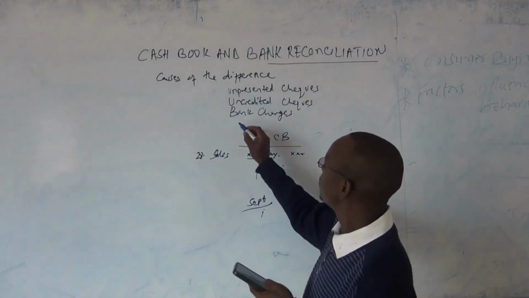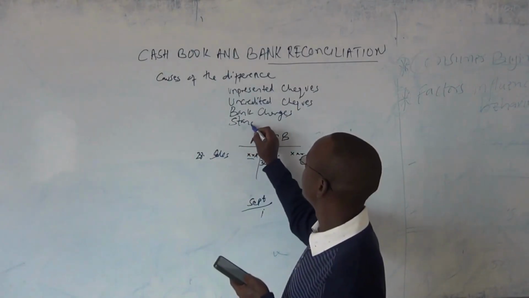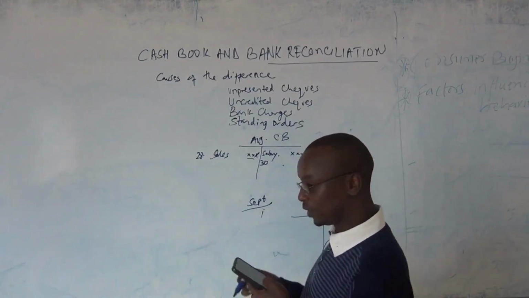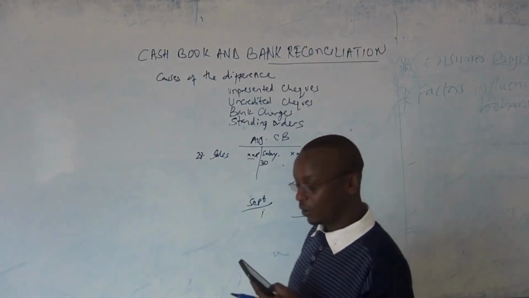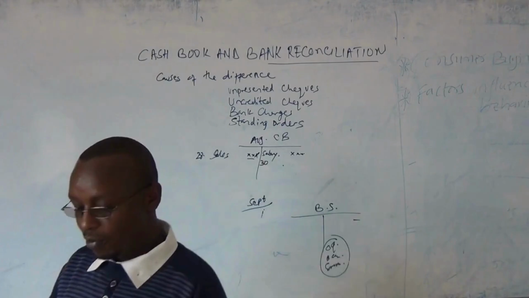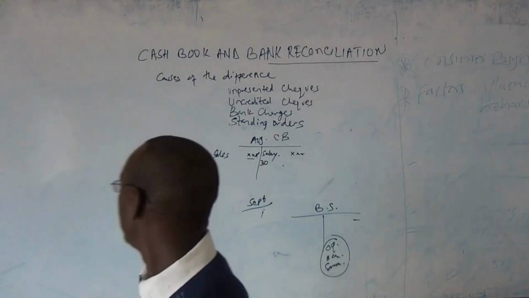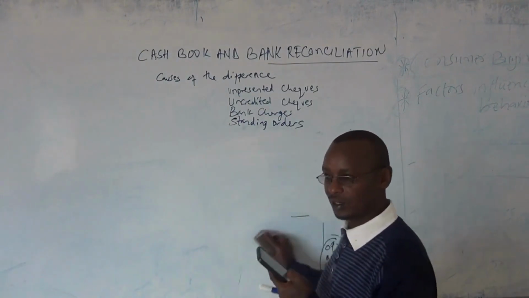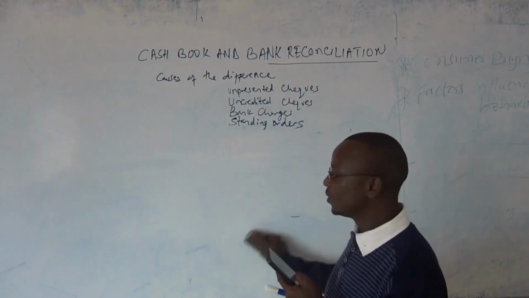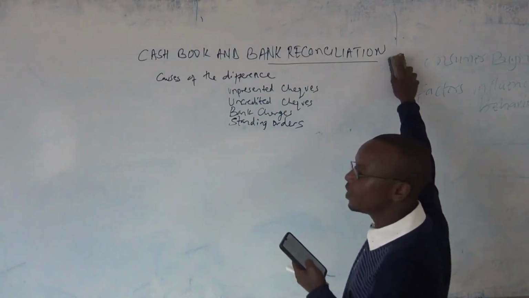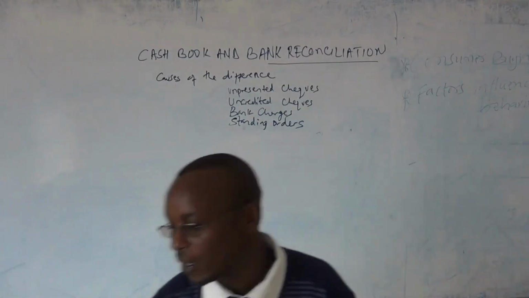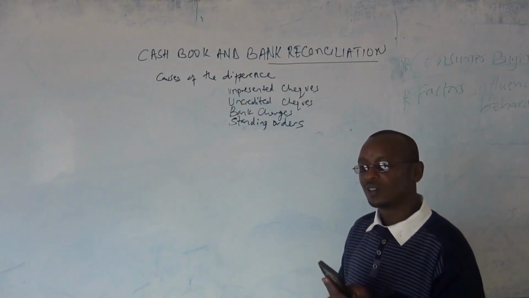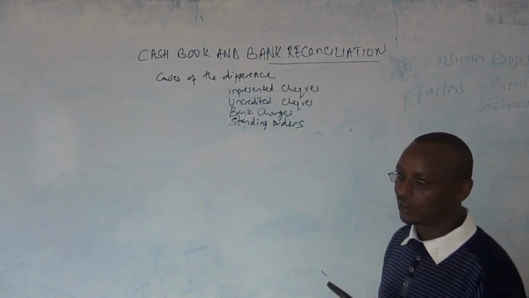We have standing orders. These are the orders that we give to the bank. If you have routine expenses, like rent, and even some fixed salaries, you order the bank. When it comes to the 28th of the month, they pay the money.